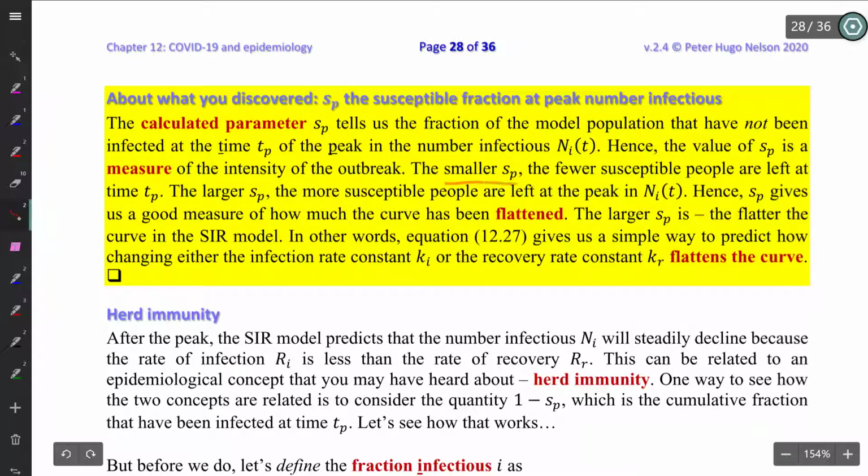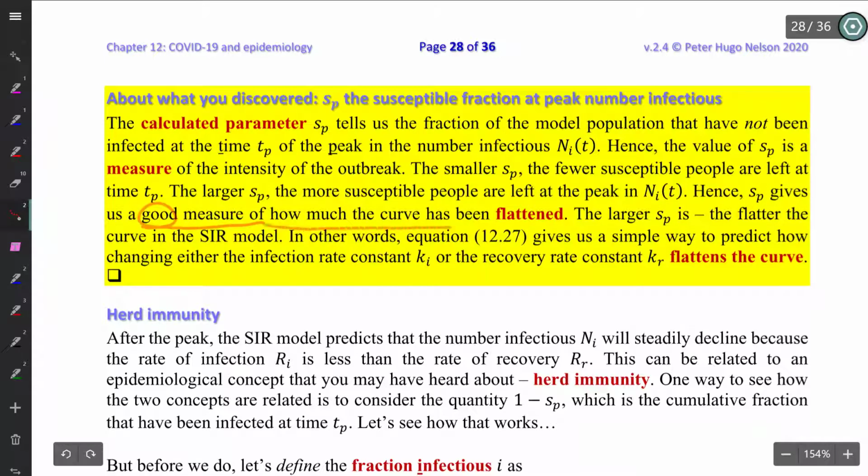The smaller SP, the fewer susceptible people are left when you get to the peak of the curve, which means that the outbreak is affecting more people. The larger SP, that says there are more susceptible people left at the peak, and what that means is that fewer people were infected. So SP gives us a really good measure, right?